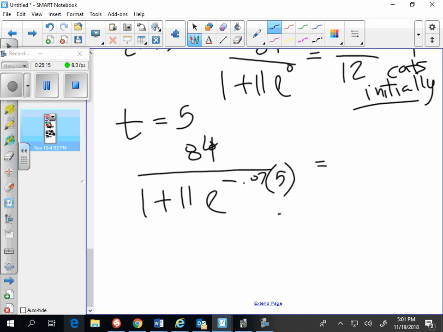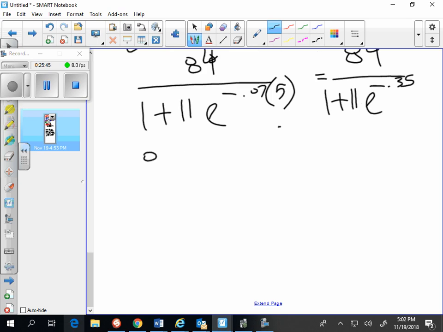But when I pull out my calculator, negative 0.07 times 5, I get 84 over 1 plus 11e to the negative 0.35, and e raised to that power is 0.704688.